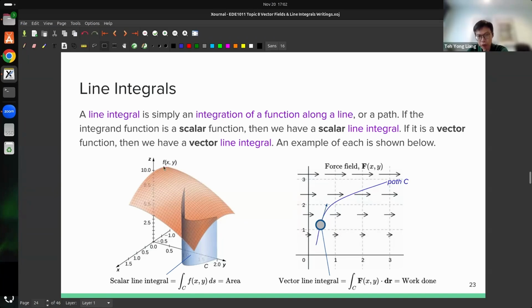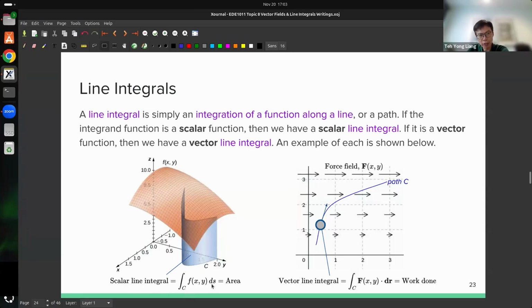For example, if f is f of xy, represented by this orange surface, you are integrating f along the curve C, which is a curve on the xy plane. This is how they denote a line integral.